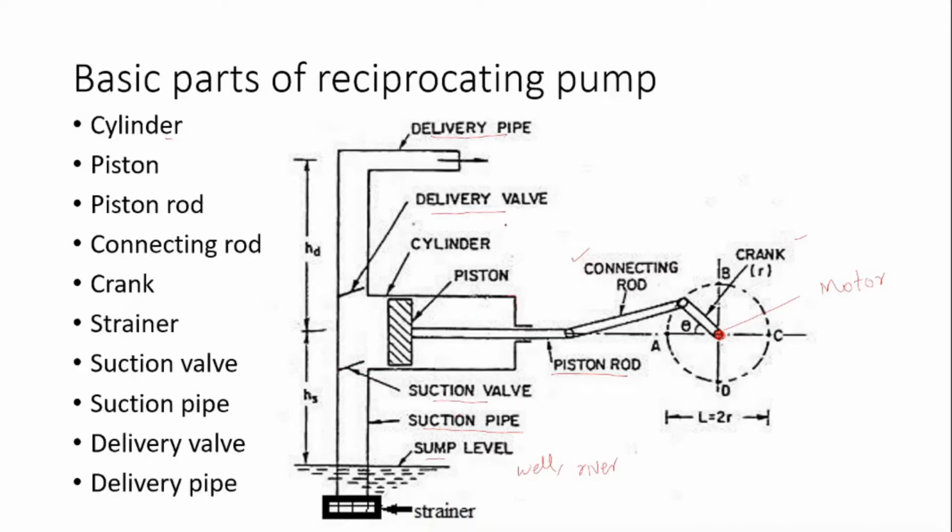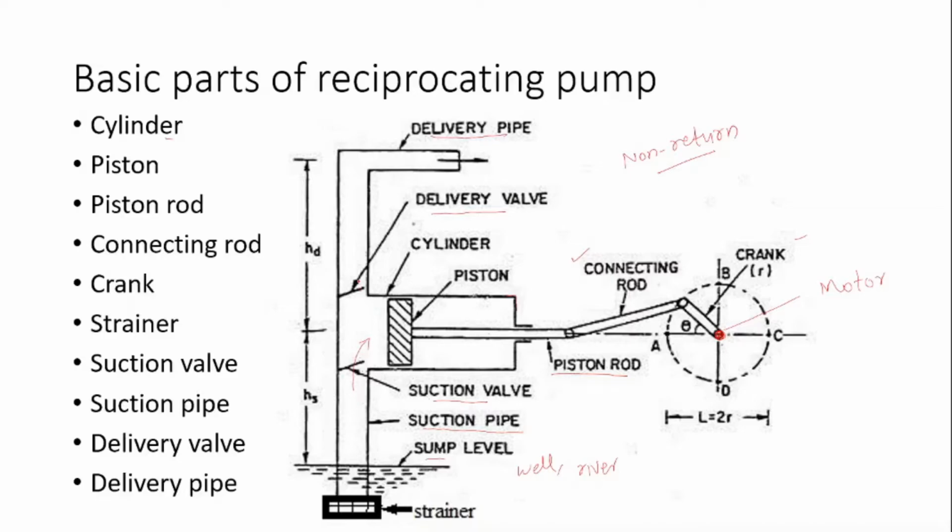The delivery valve and the suction valve are non-return valves. That means they allow the flow of liquid in only one direction. In the case of a suction valve, the liquid can enter only in this direction, from the suction pipe into the cylinder. Liquid cannot flow back from the cylinder into the suction pipe.